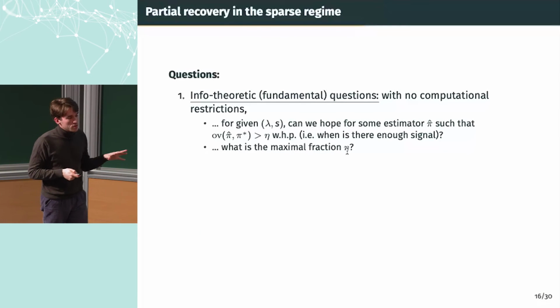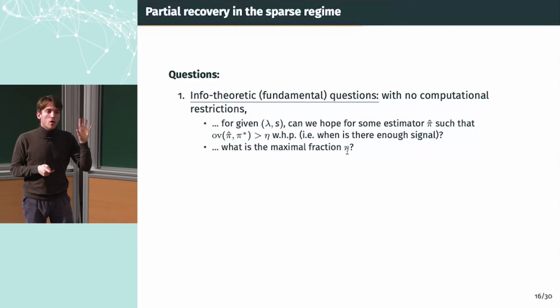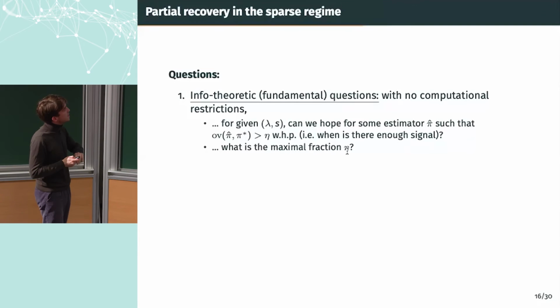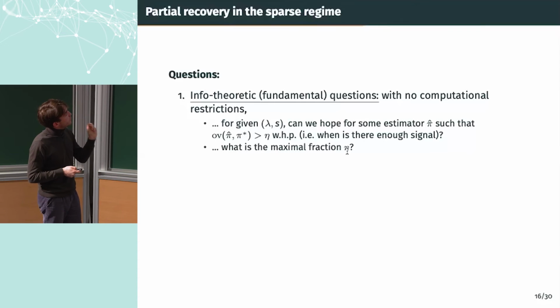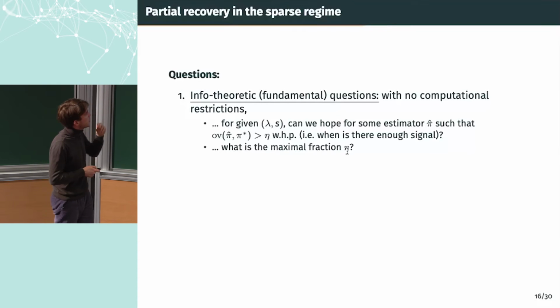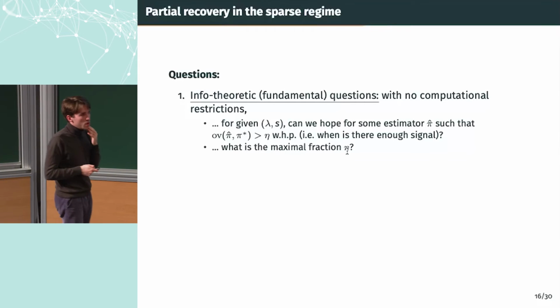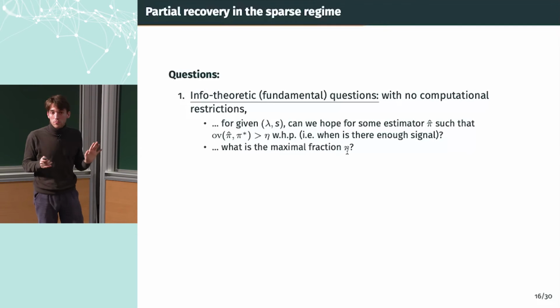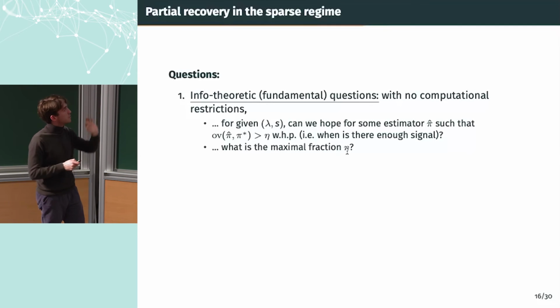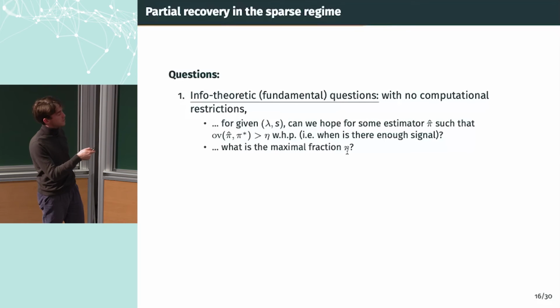The questions in these kinds of problems are always of two types. The first one is more related to statistics, I would say. It's information theory, if you like. It's a fundamental question: without any computational restriction, is there a hope that I can find an estimator that will, for instance, guarantee that the overlap is greater than some positive fraction?